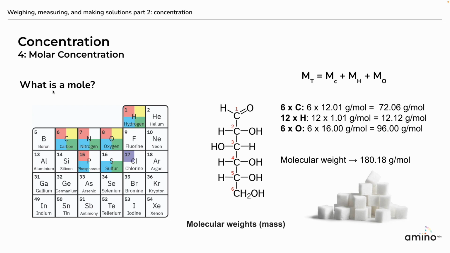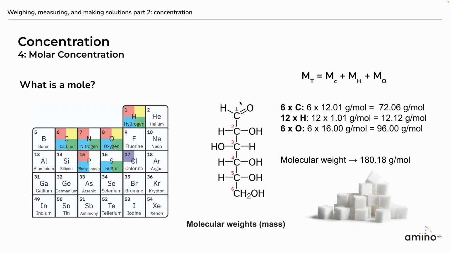So let's do an example here where we look at a molecule. Molecules have molecular weights because they are molecules, not atoms. And in fact, molecular weights are the sum of atomic weights of the atoms within that molecule.